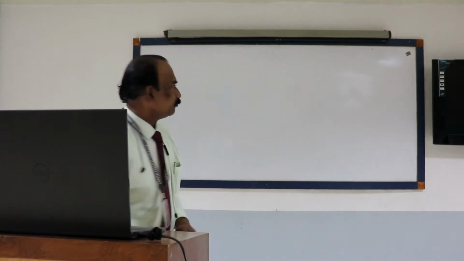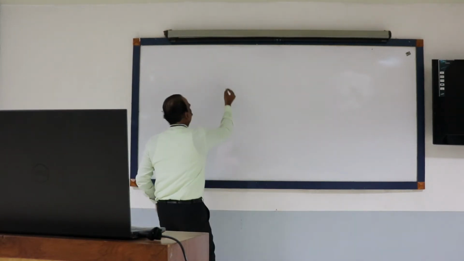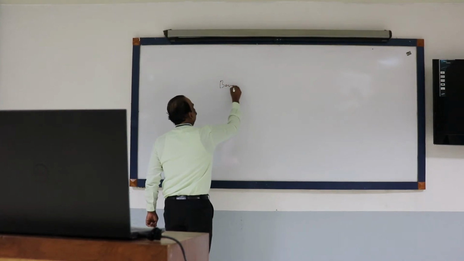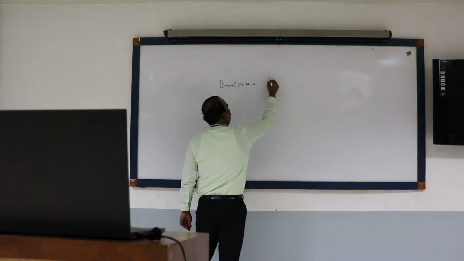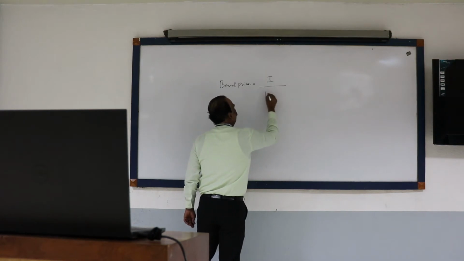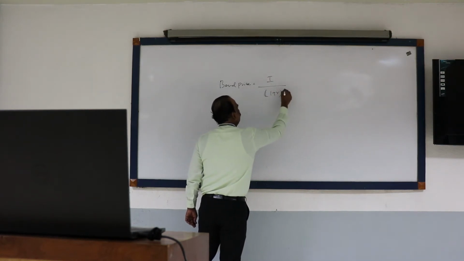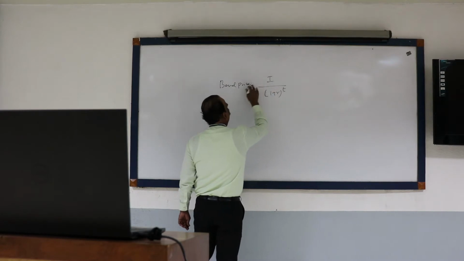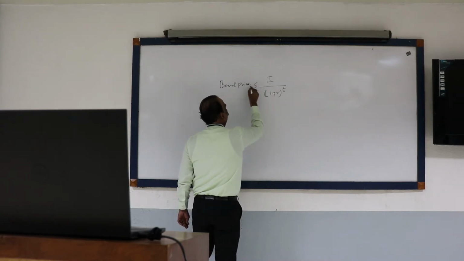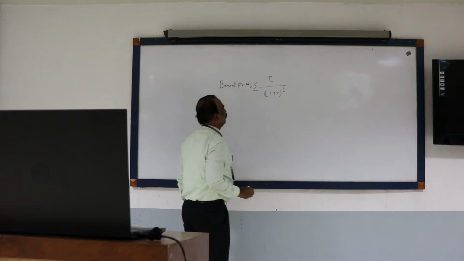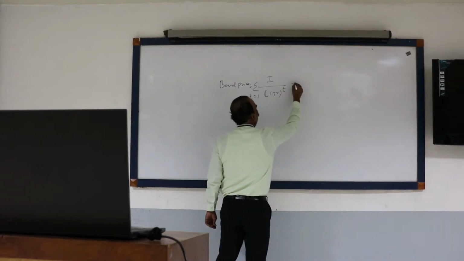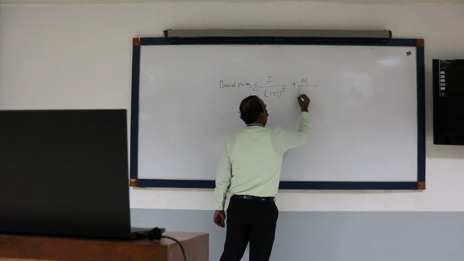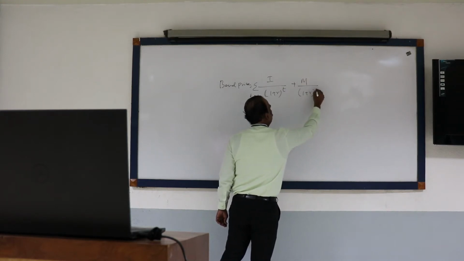The equation here is, I write: bond price is equal to the sum, from t equal to 1 to n, of I divided by (1 plus R) power t, plus M, the maturity value, divided by (1 plus R) power n.